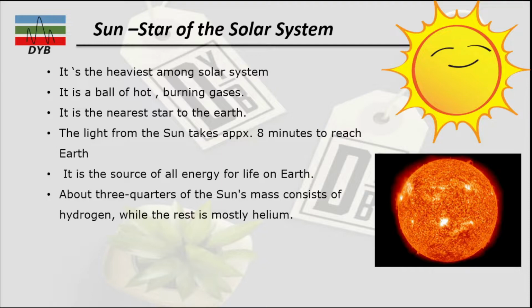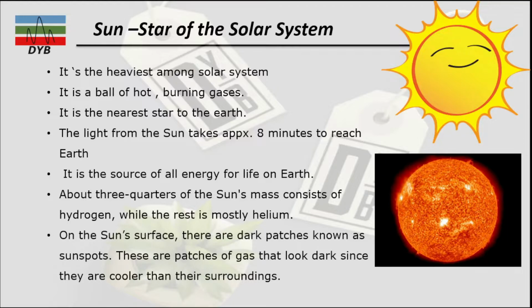Because of the Sun, we maintain the temperature on the surface of the Earth, which is essential for the survival of human life. About three-quarters of the Sun's mass consists of hydrogen, while the rest is mostly helium. This is the composition of the Sun.